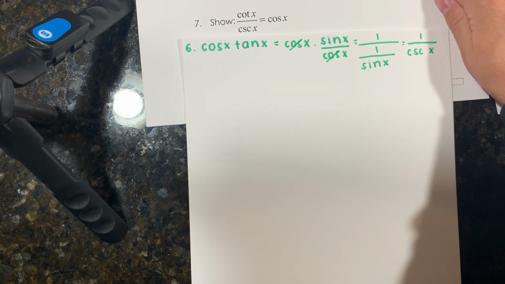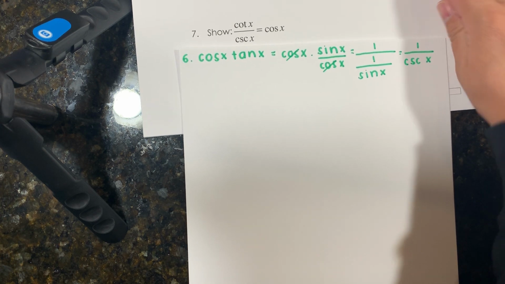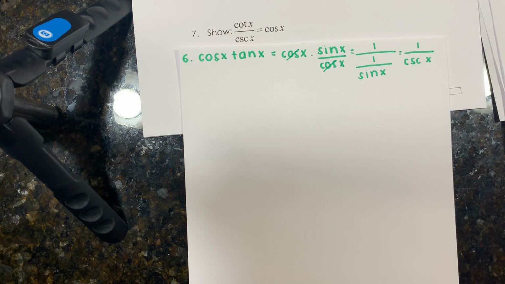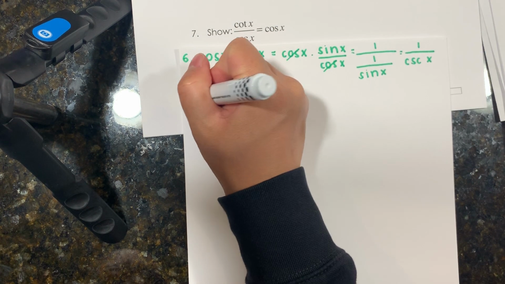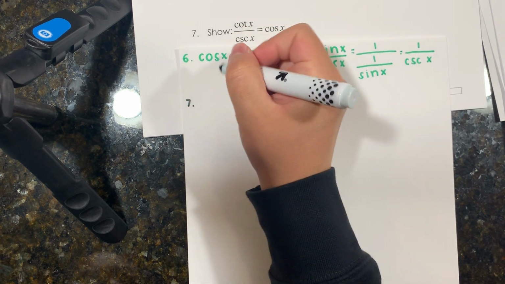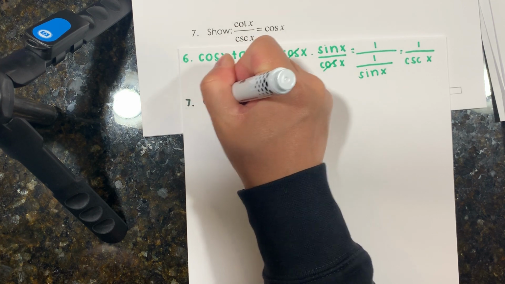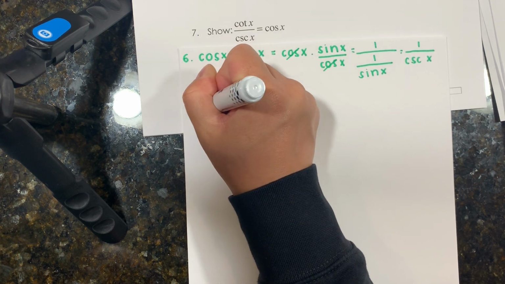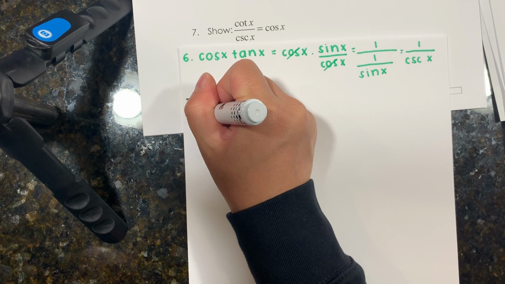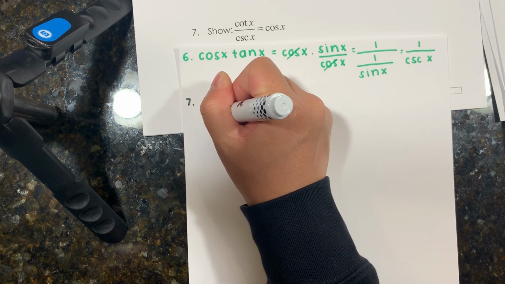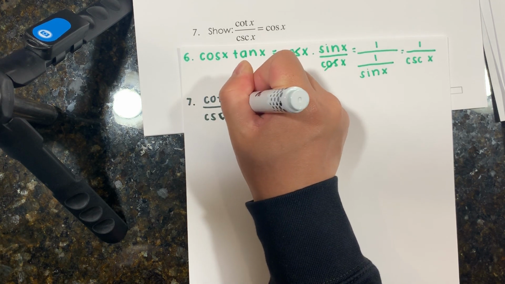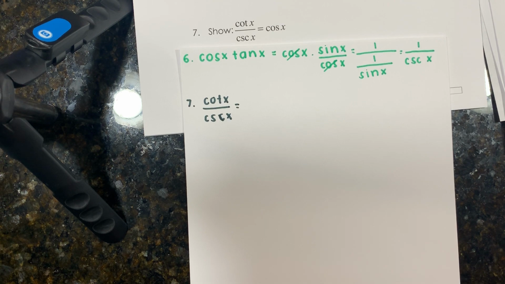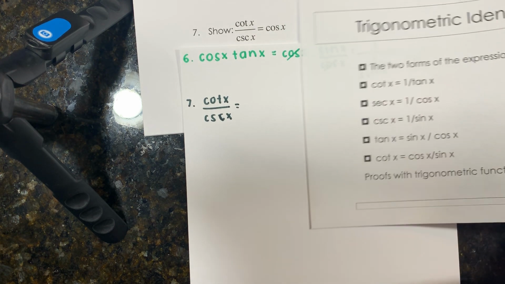So now let's look at number 7. So number 7, I'm going to start with the left. I want to end up with the right. So for 7, I have cotangent x over cosecant x. Now cotangent, I'm going to use these identities here.